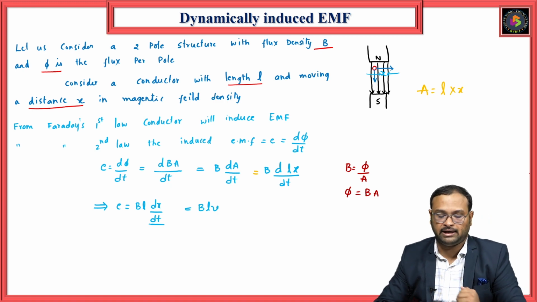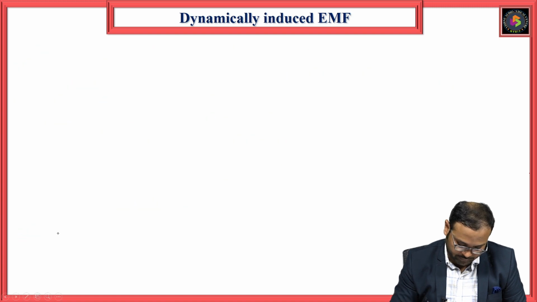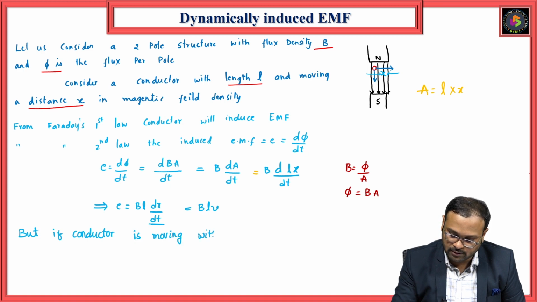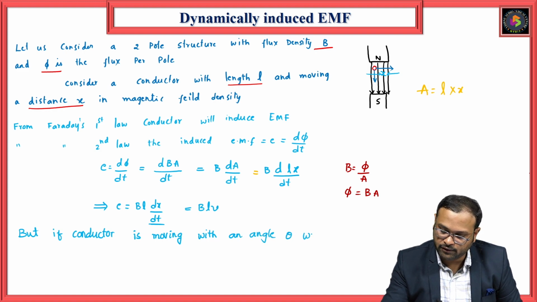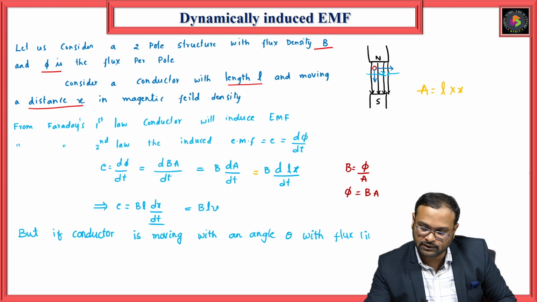Suppose the conductor is moving with an angle theta with the flux lines.